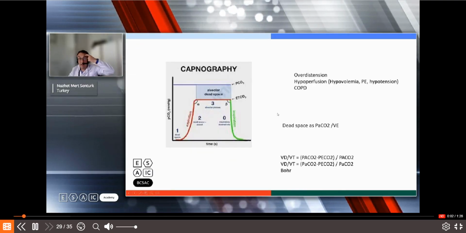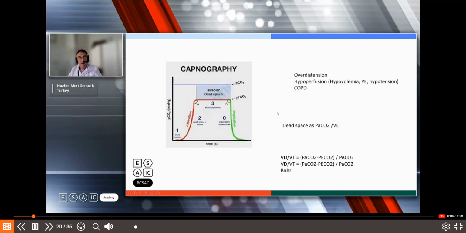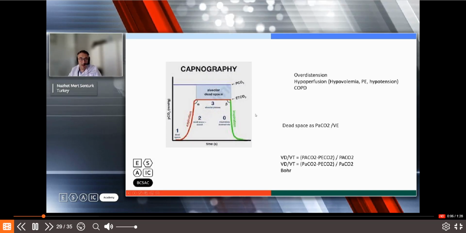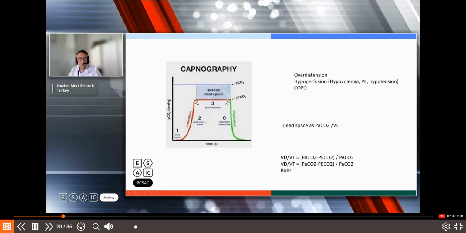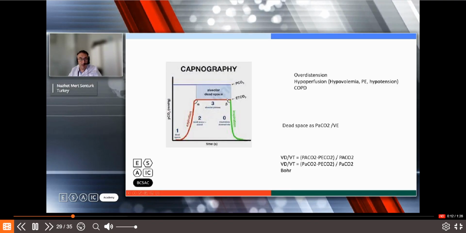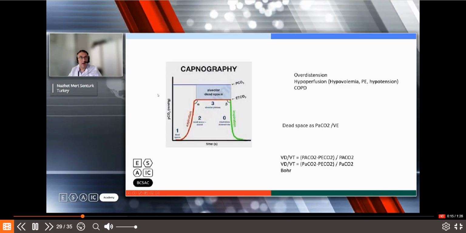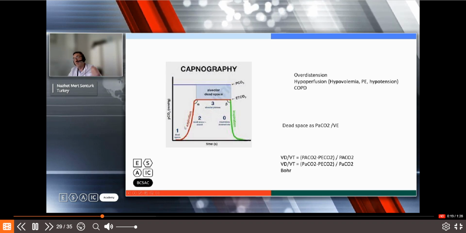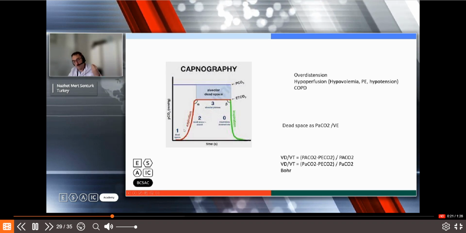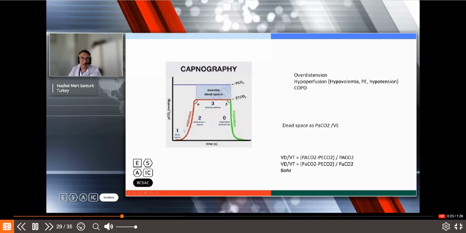What we see here is the capnography. You have to know, of course, the end-tidal CO2 and the capnography. I will not go into further details of this monitoring, but capnography is the most important and objective monitoring device of a tracheal intubation.